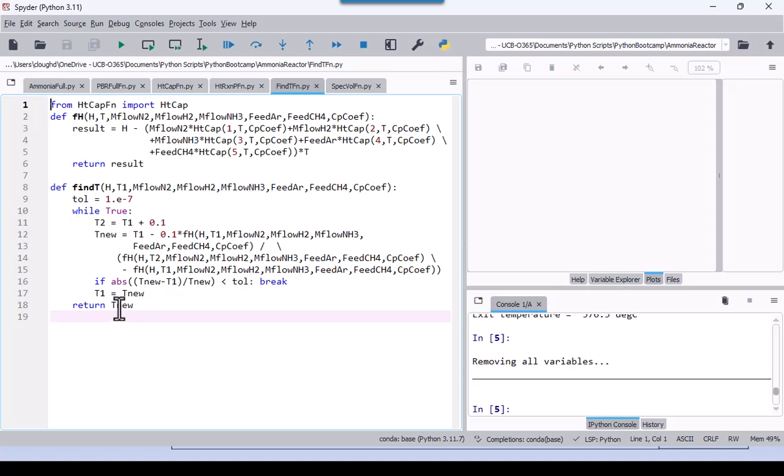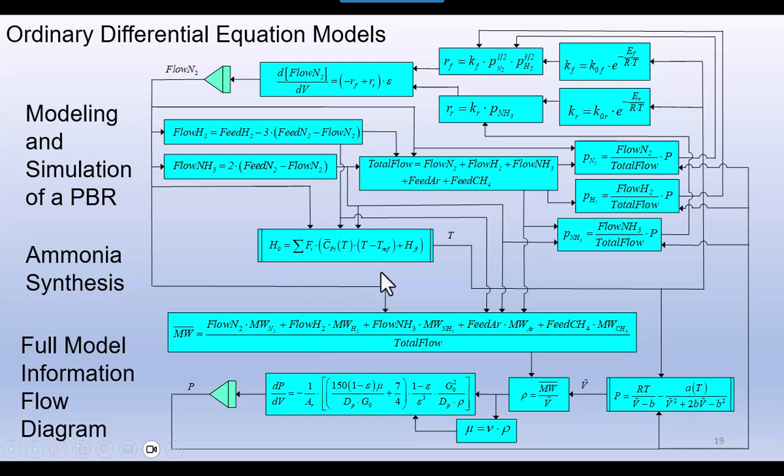If so, we break out of this loop. Otherwise, we make a new T1 and we continue the loop. And when it needs to know a value of the function of the enthalpy balance, it uses this function up here.